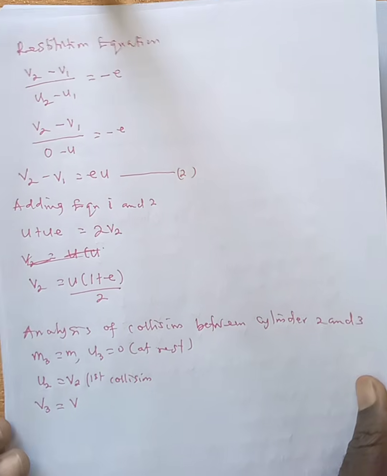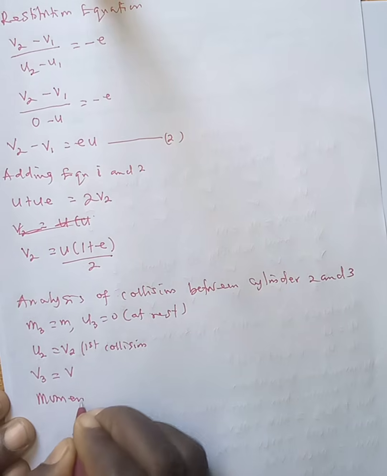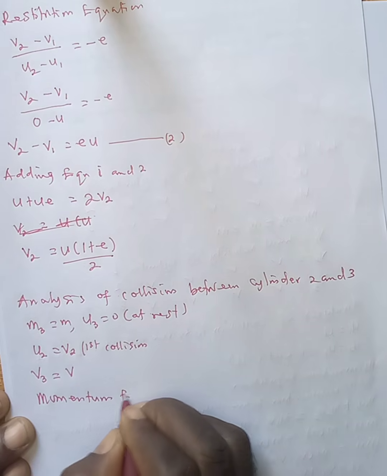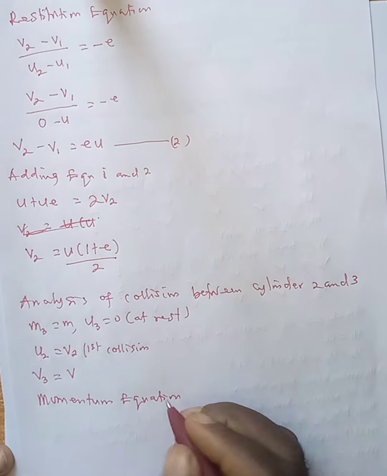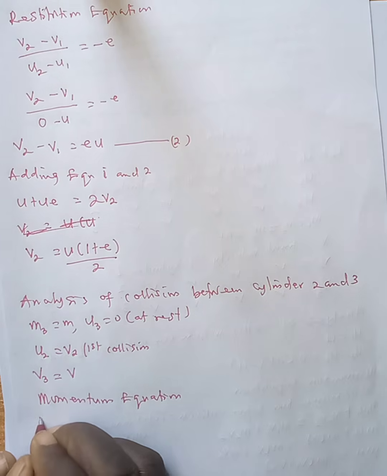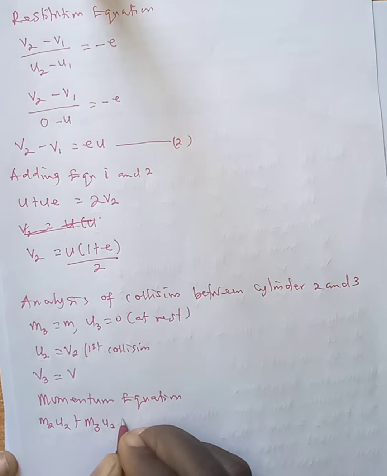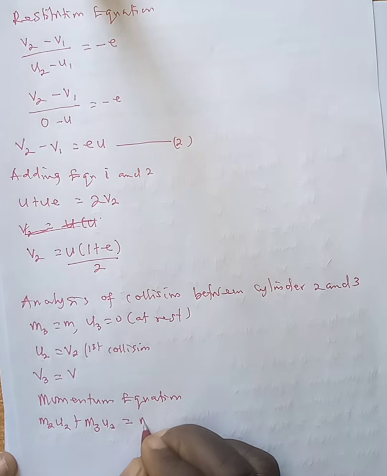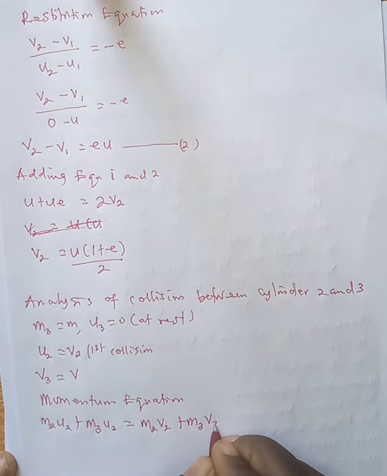Then we now write the momentum equation, which states that the total momentum before collision is equal to the total momentum after collision, and this will be the momentum of body 2, m2u2, plus momentum of body 3, m3u3, is equal to, after collision, m2v2 plus m3v3.